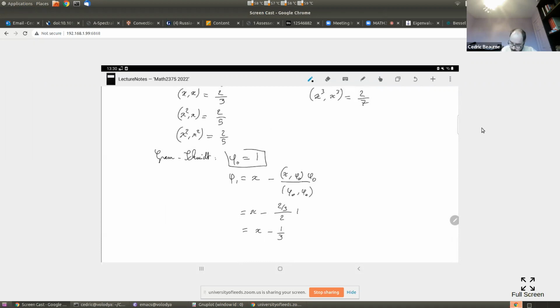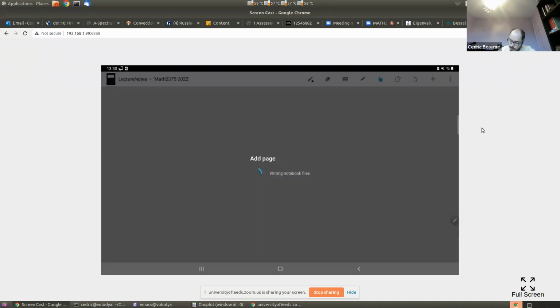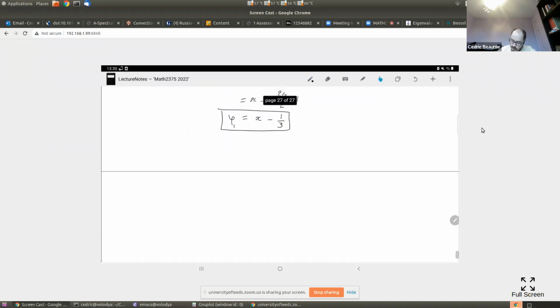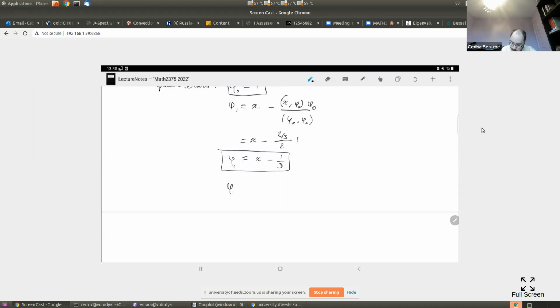So we have phi 0 here, we have phi 1 here. And now I want to continue this process, right? So I'm going to do phi 2. And phi 2 is going to be x squared. Remember, that's the third function that we wanted to play with.